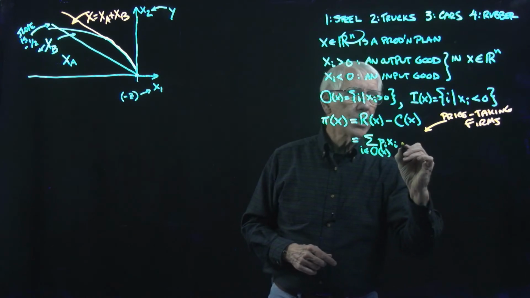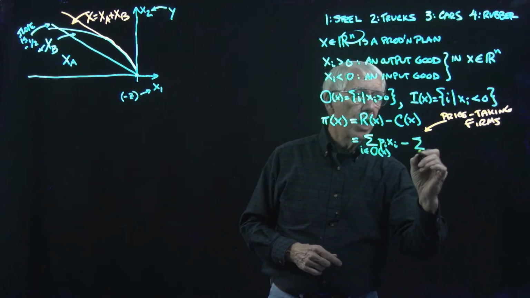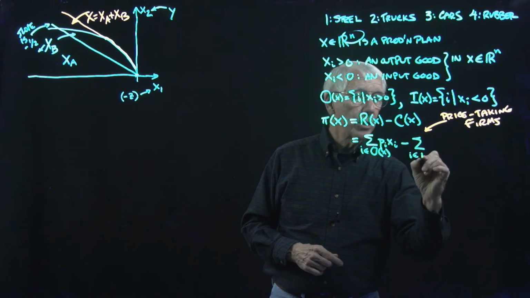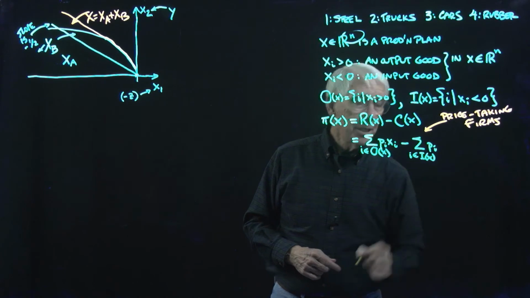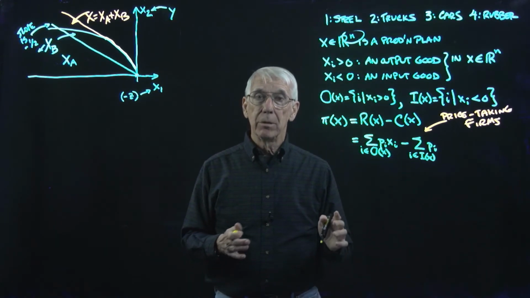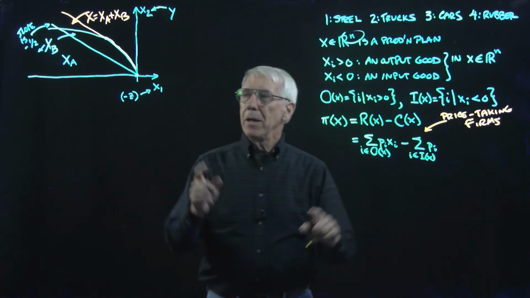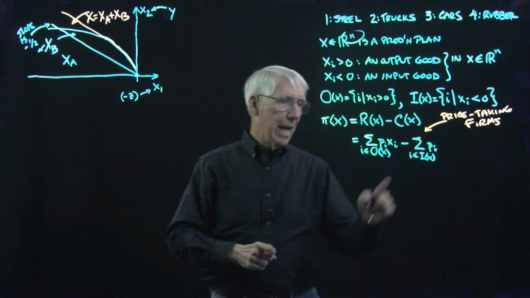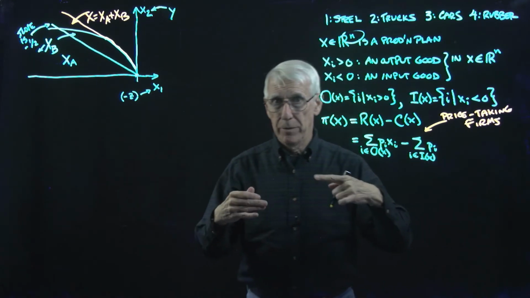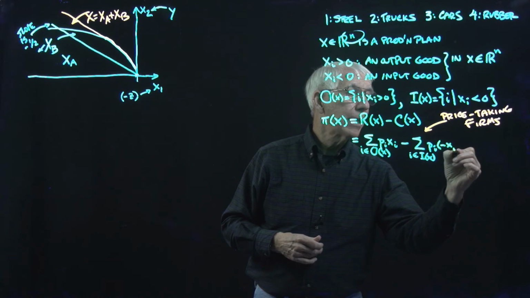I don't want to add in the input goods when I'm talking about revenue. And cost, well, I'm going to subtract off the cost. So the cost is going to be the sum over all the input goods of pi times the amount of input that's used. But of course, we're representing inputs as negative numbers, and the actual amount of the input is a positive number, so I have to put in here minus xi.